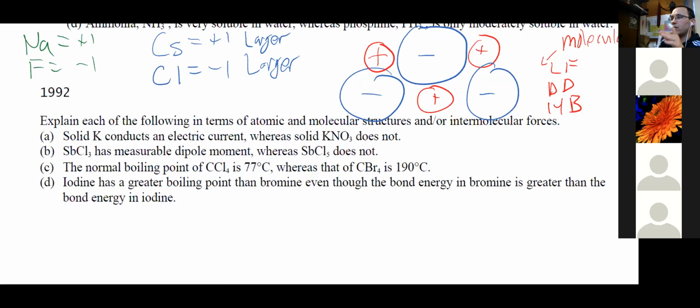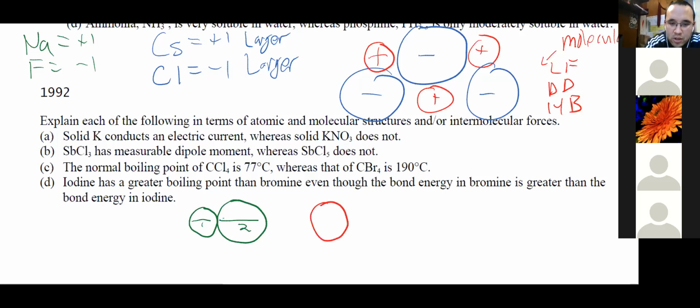Sodium and fluorine or cesium and chlorine? Right? So it should be our cesium and our chlorine. And we can think about this because our sodium would be one size. Let's say it was a 1 across, and our fluorine was one size, and let's say that was a 2.